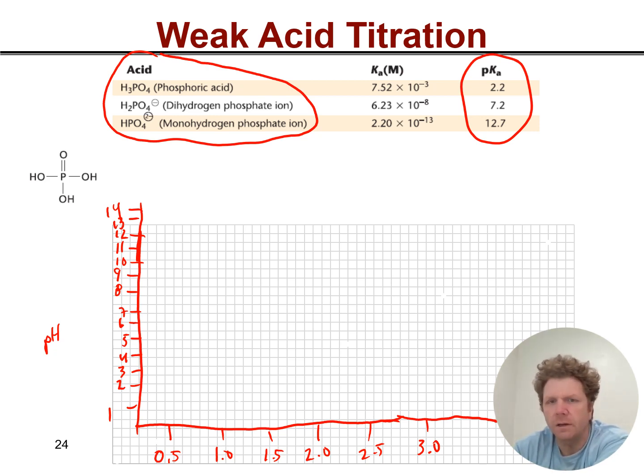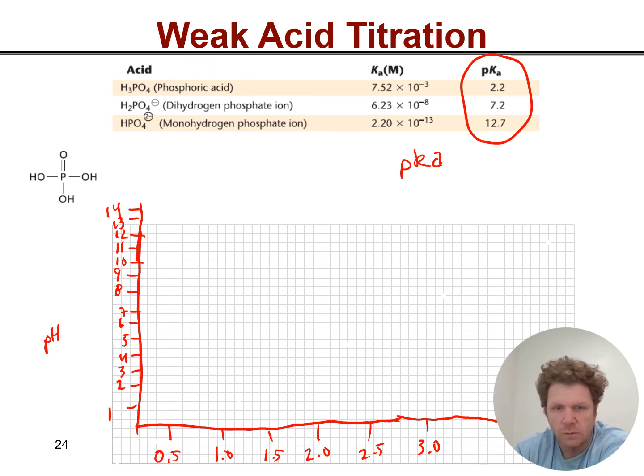Okay. The next thing that I'm going to do is pick out my pKa values. I know that my pKa values are where I have an equal concentration of two different species. So I have a 50-50 combination of this species and this other species. So I'm going to take this 2.2 and put my label right there. I'm going to post up my pKas first. So I'm going to find 0.5, my low pH pKa value, my low pH 50% spot.